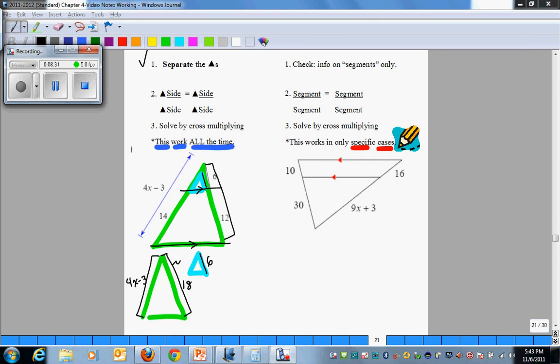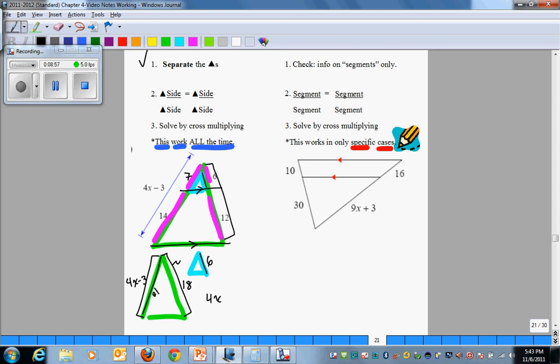But in order to solve for x, we first must find a missing segment. We have here a little piece that we need. If you look carefully, this is a 1:2 ratio, 6 to 12. This also has to be a 1:2 ratio, which means our missing piece right here has to be 7. That makes this whole side 21.